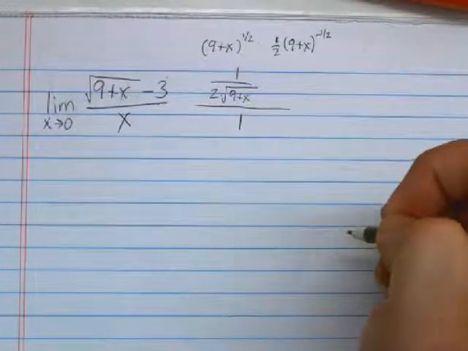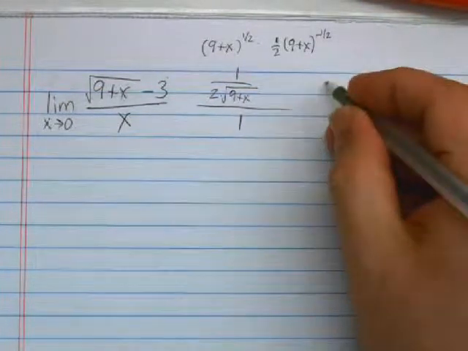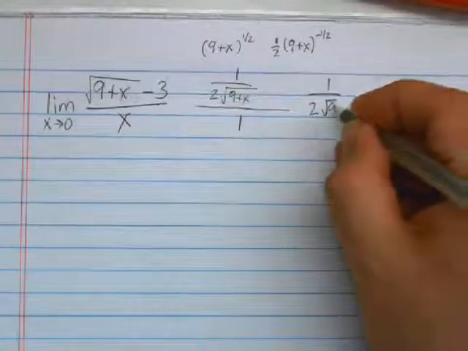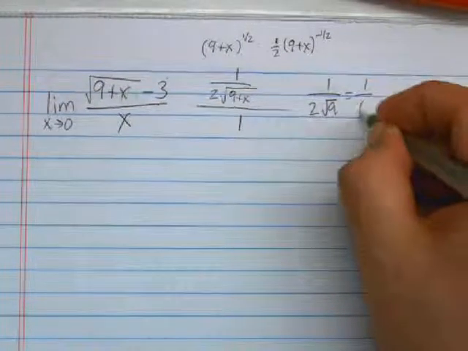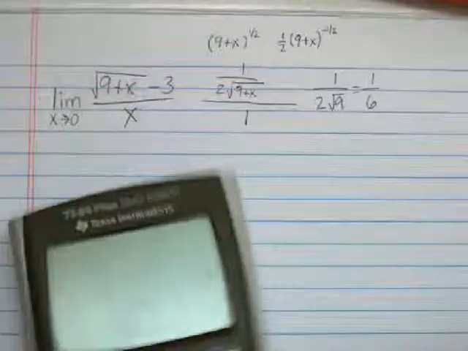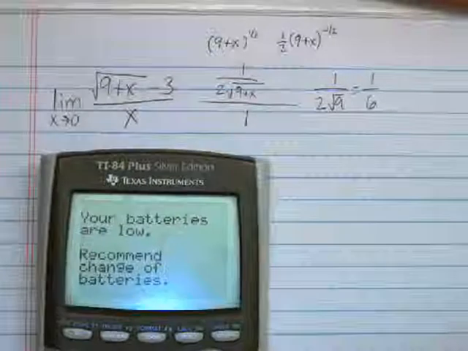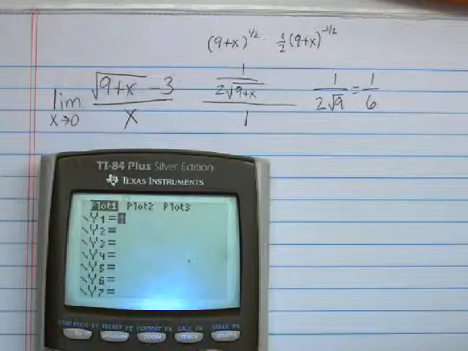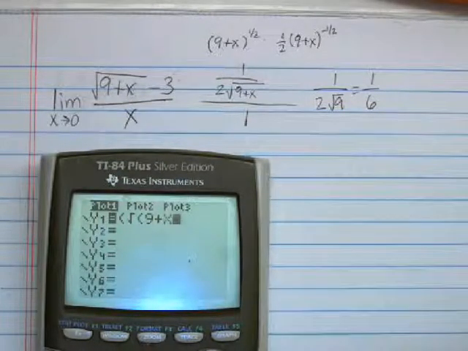So then substituting 0 into the expression, we get 1 over 2 radical 9, which is equal to 1/6. And we can verify it by typing in the expression, radical 9 plus x, minus 3, divided by x.